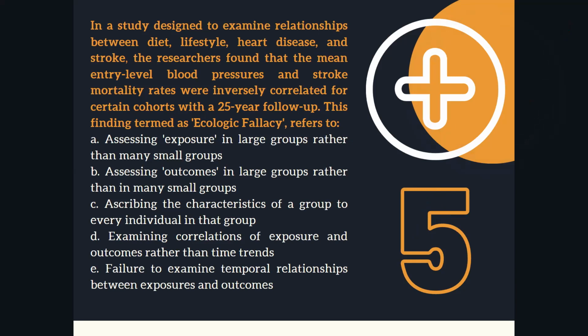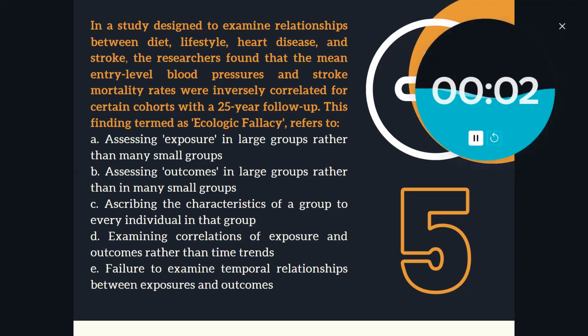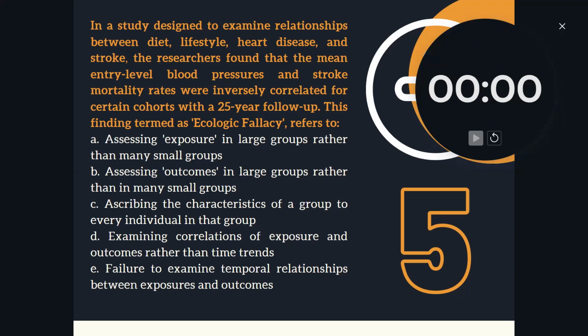This finding, termed ecologic fallacy, refers to A, assessing exposure in large groups rather than many small groups, B, assessing outcomes in large groups rather than many small groups, C, ascribing the characteristics of a group to every individual in that group, D, examining correlations of exposure and outcomes rather than the time trends, and E, failure to examine temporal relationships between exposure and outcomes. So the answer is C.